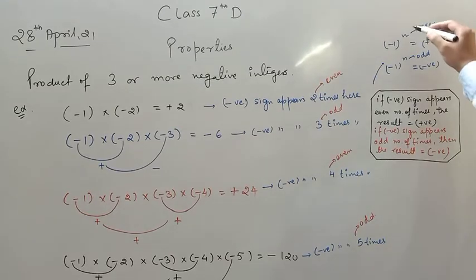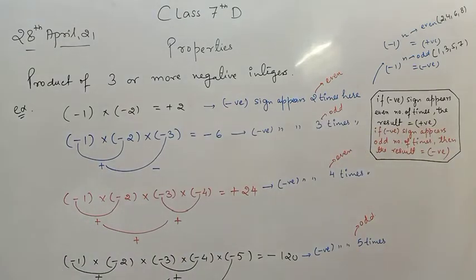Even means 2, 4, 6, 8 like this, and odd, let's say 1, 3, 5, 7 and so on. In that case, if -1 to the power n is even, then you always get a positive result, and if -1 to the power n is odd, then you always get a negative result. Please note it down fast.